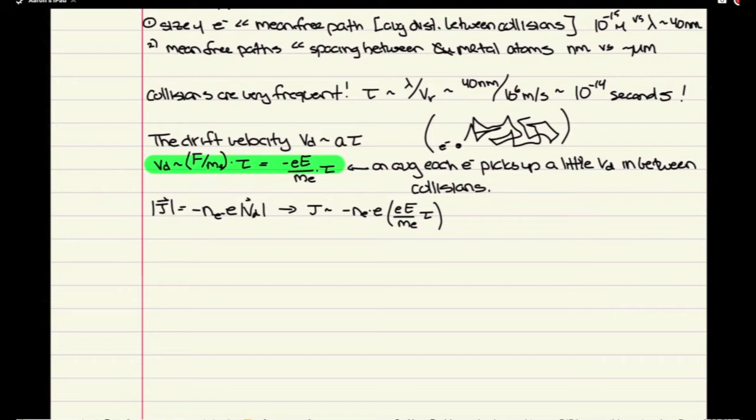So we got the number density of the charge carriers, e squared, the electric field, tau, divided by the mass of the electron or something like that.